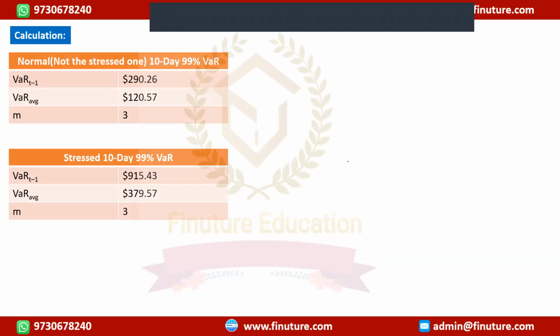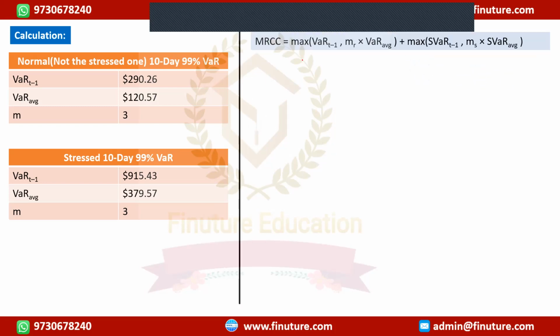The calculation is like this, from what we just obtained on the previous slide. The formula for market risk capital charge is the max of this expression plus the max of this expression, the normal scenario and the stress scenario. If I were to label a few details, I call this 1, this 2, this stress previous day VaR 3, and this average VaR 4.